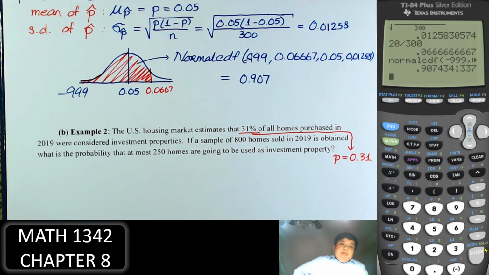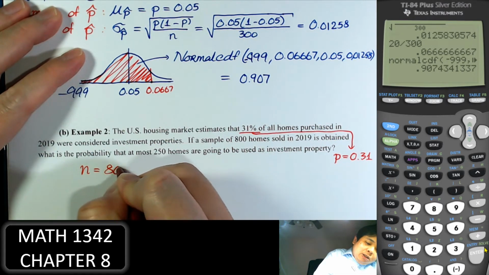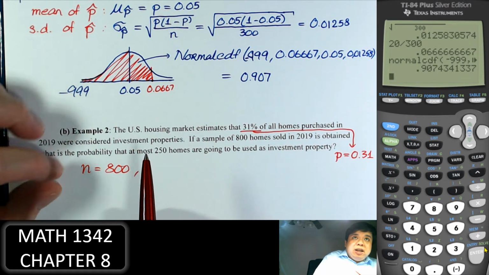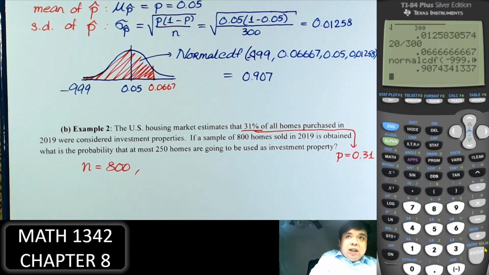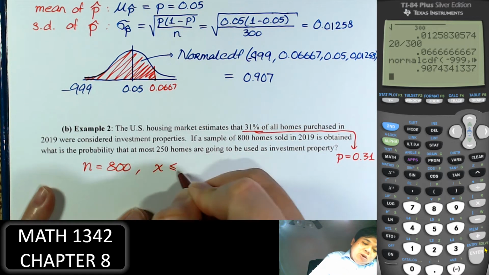Now if a sample of 800 homes in 2009 is obtained, so N is 800. Find the probability that at most, meaning equal to that or less, right? So we say x is less than or equal to 250.